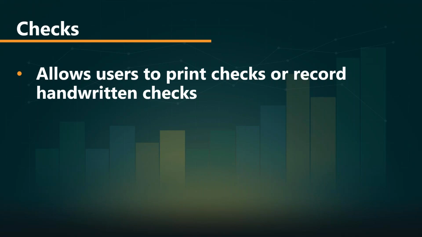So lots of times people will buy check stock and then print onto that stock. And then there are three parts. So two parts go to the person who is supposed to receive the check, and one part stays with the church. So the church keeps a stub, and then the person who receives the check keeps a stub, and obviously they get the check to give to the bank so they can get their money.